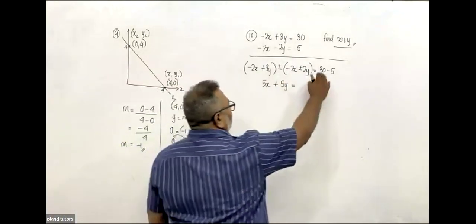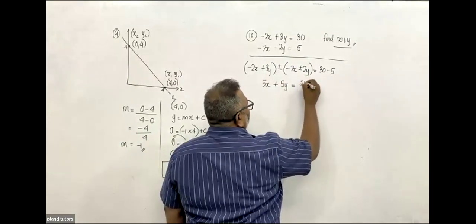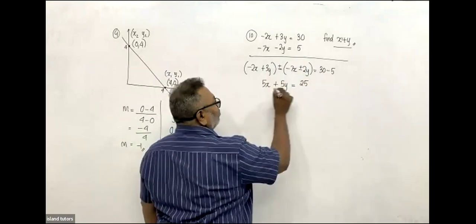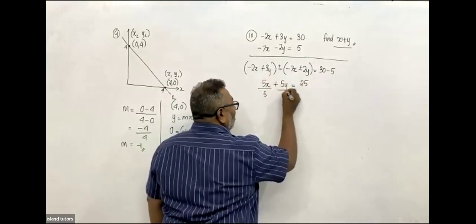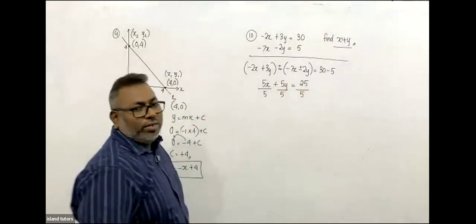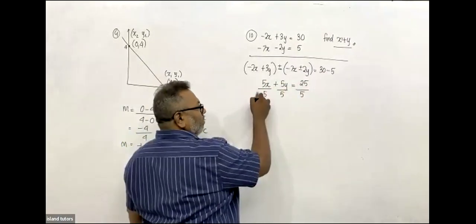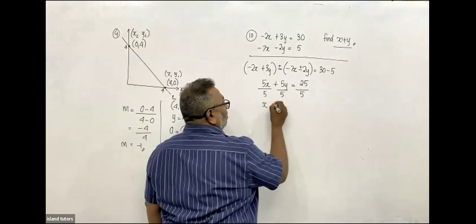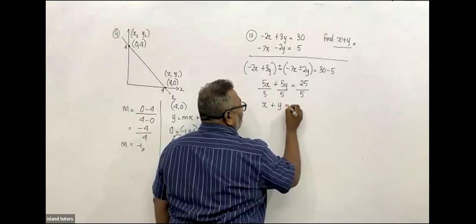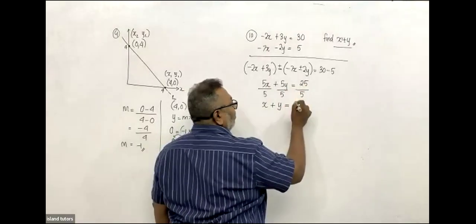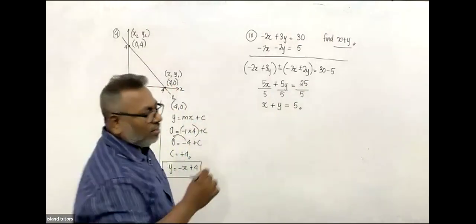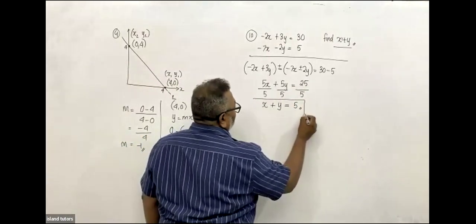Okay. 30 minus 5, 25. All factors of 5. So you can divide by 5 here, divide by 5 here, divide by 5 here. So 5x divided by 5 is x plus 5y divided by 5 is y is equal to 25 divided by 5 is 5. So x plus y is equal to 5.